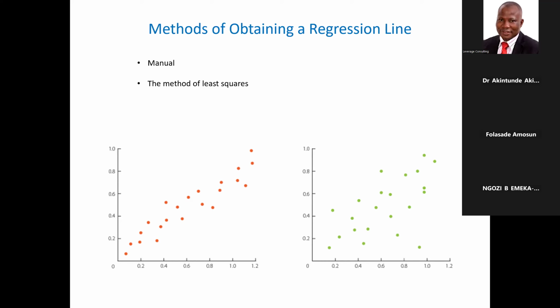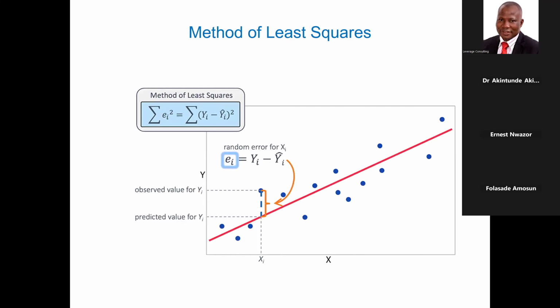So that's the logic behind squaring. When you square it, it changes all the values to positive. So if you draw a line and take the distance between the line and each value, square it and add it together, the negatives will become positive, everything will become positive.